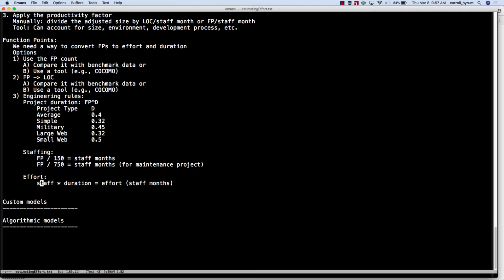So we have a staff count times the total number of months, and so we have our effort there. Now here's another interesting engineering rule to apply, and that's requirements creep.